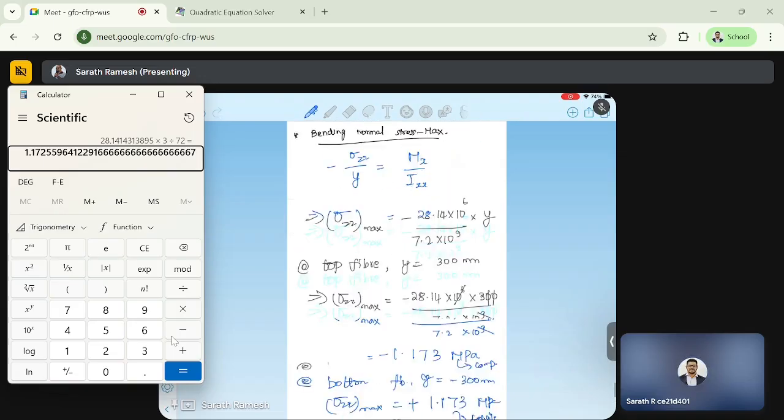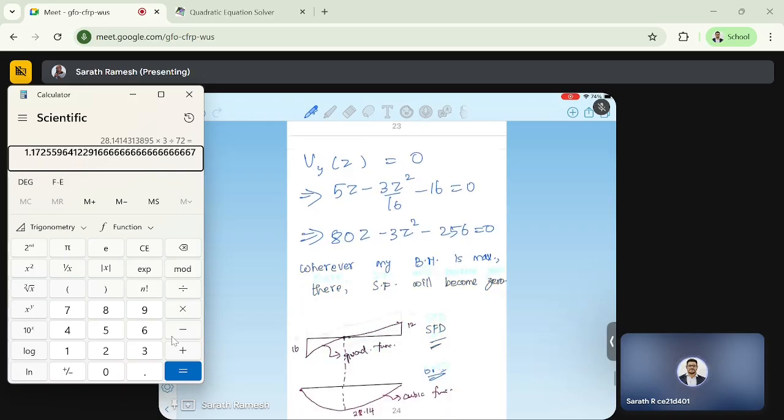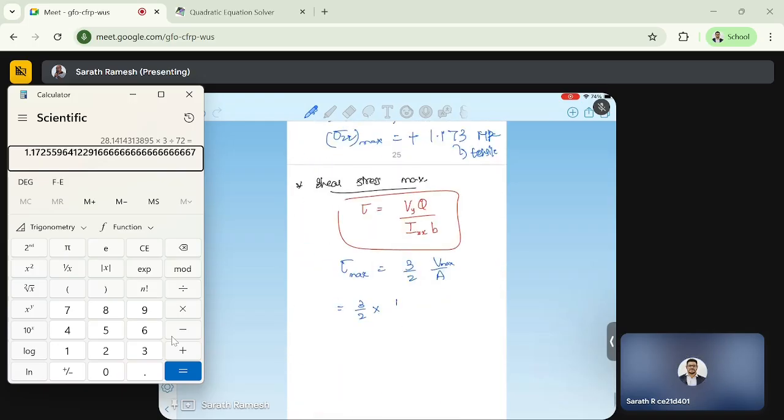V max is, I guess it's 12, no? 16, yeah, 16. 16 into 10 power 3 newtons by area of cross section, which is 600 times 400, right? So it became 1 megapascal. Okay. Tau max is 1 megapascal.